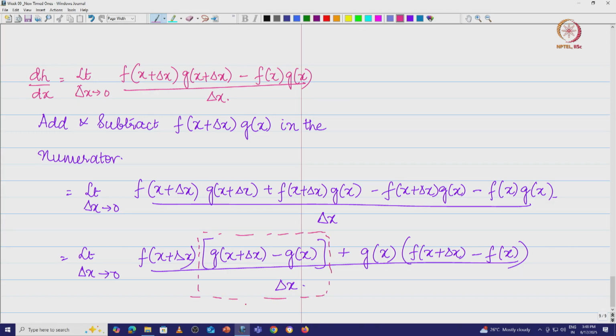This is nothing but my g dash of x, the derivative of the g function, and if you look at this, this is going to be f dash of x into g of x. Something interesting happens here. So, what is this? Derivative of a product of two functions f of x into g of x is nothing but f of x into g dash of x plus f dash of x into g of x.